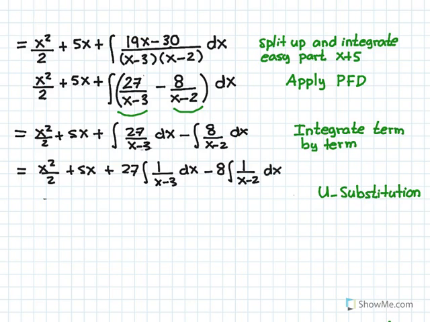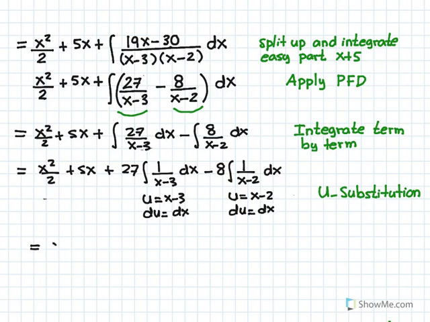Now, each of these integrals can be easily solved by the method of u substitution. So we'll let u be equal to x minus 3, and du is equal to dx. Similarly, for the second integral, we'll let u be equal to x minus 2, and du, the derivative, will be dx.